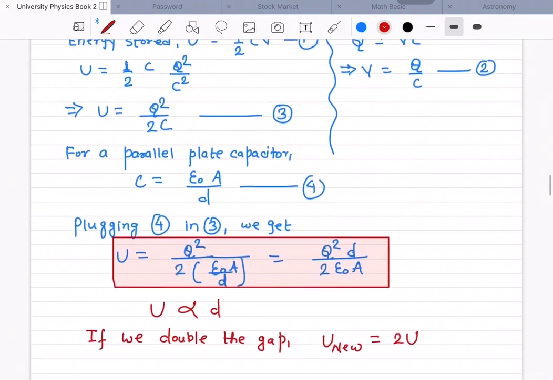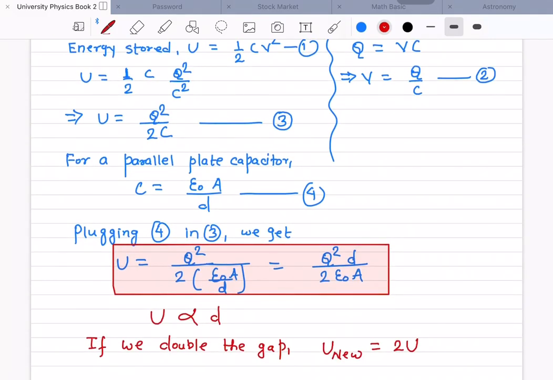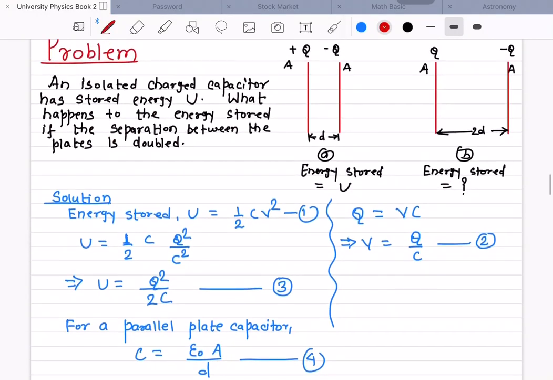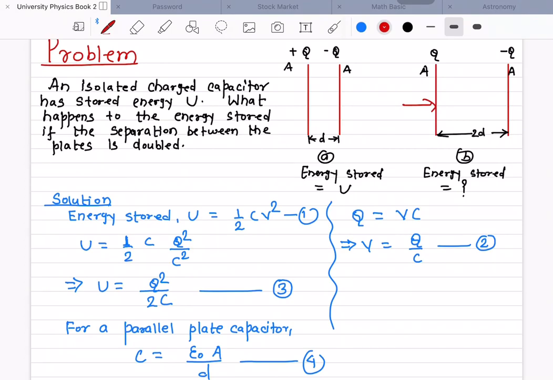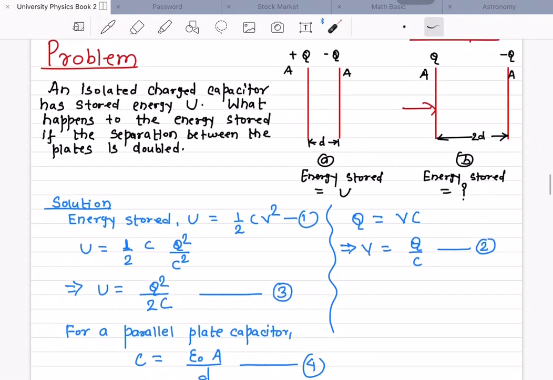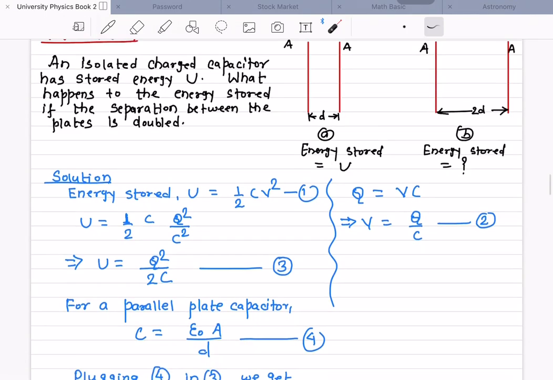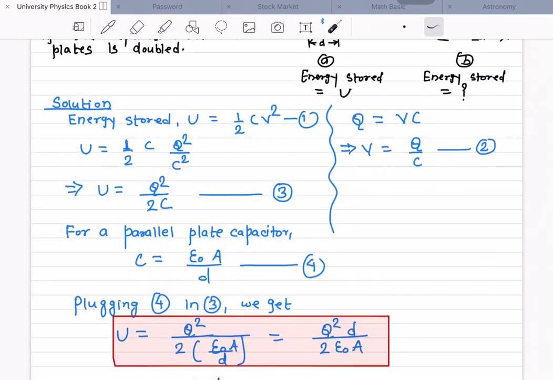Now let's talk about what happens to the potential difference between these two plates. Okay, the potential difference between the two plates is given by this equation: V is equal to Q over C. Now, what is happening to the charge?